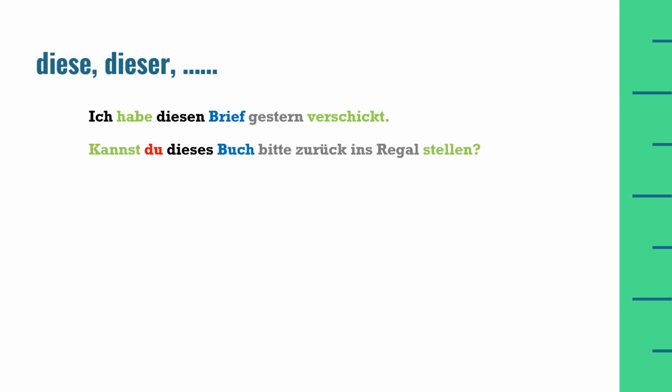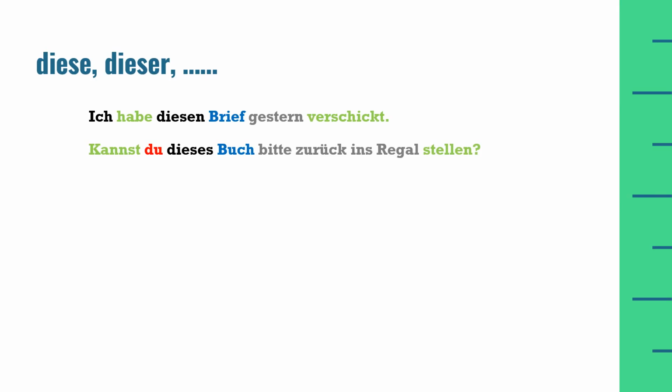Kannst du dieses Buch bitte zurück ins Regal stellen? Can you please put that book back on the shelf? Now, in this sentence, we are using the modal verb können and we are conjugating it according to the subject du. So können becomes kannst. And whenever we have a modal verb in the sentence, we start the question with the modal verb.